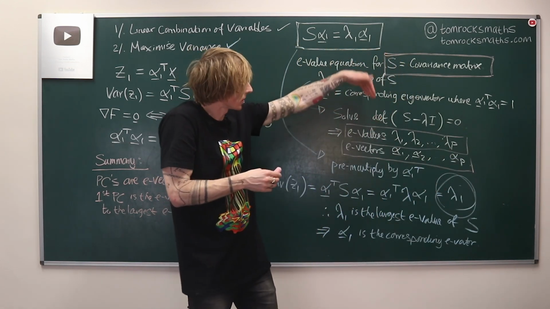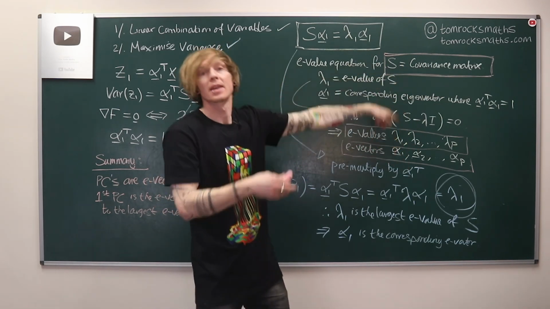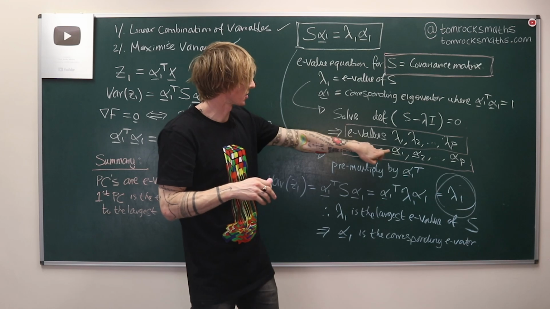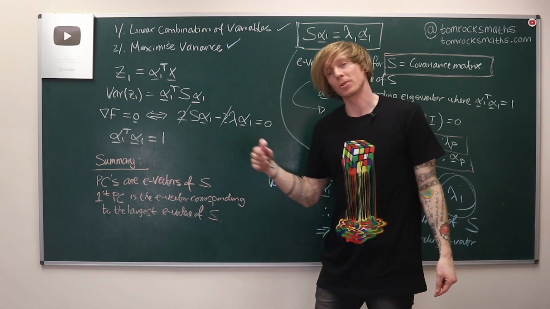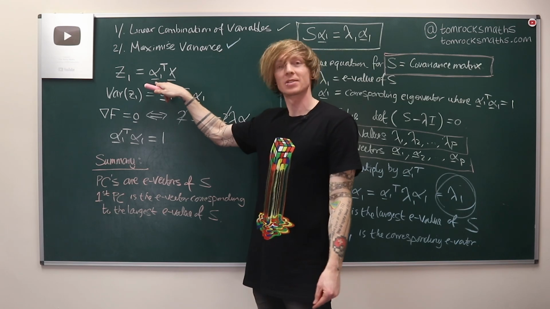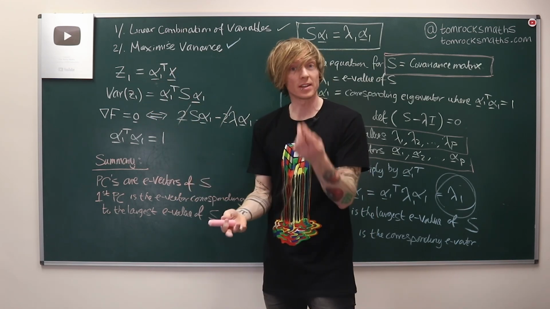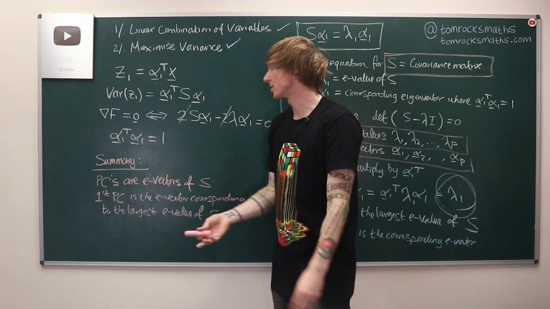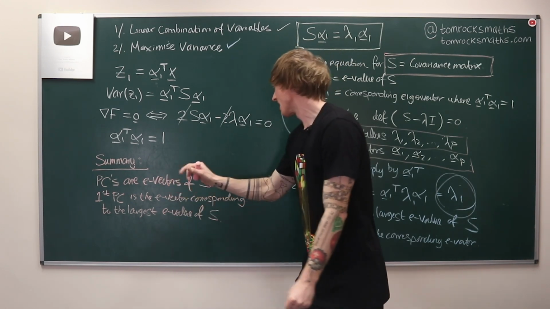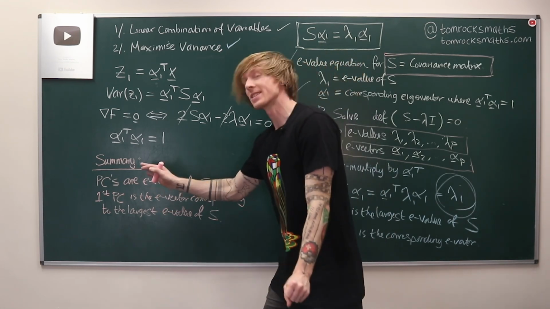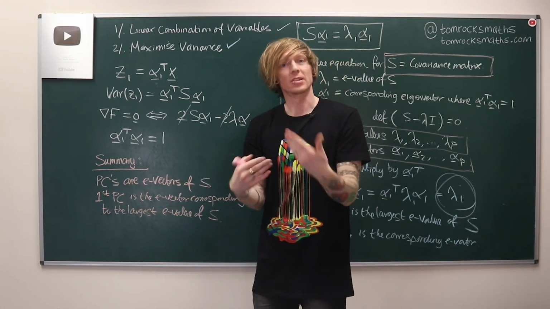And we order the eigenvalues by size, and the eigenvector that corresponds to the largest eigenvalue is going to give us that first principal component, which is going to be the rotation we make up here to give us Z1. And all of the others will actually follow in the same way. So the second principal component is going to be the eigenvector corresponding to the second largest eigenvalue of S, and so on and so forth.